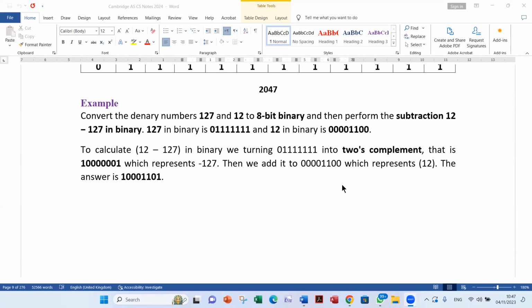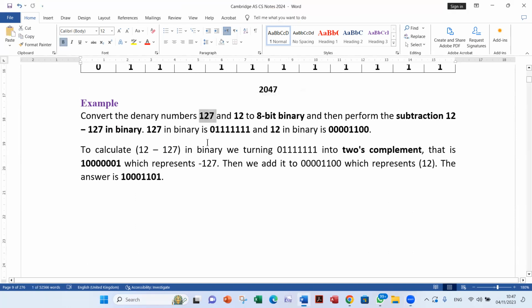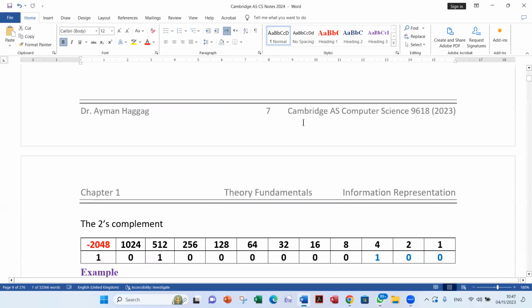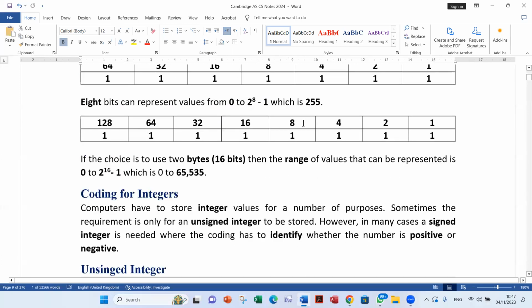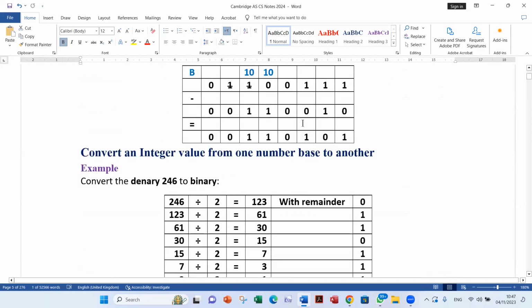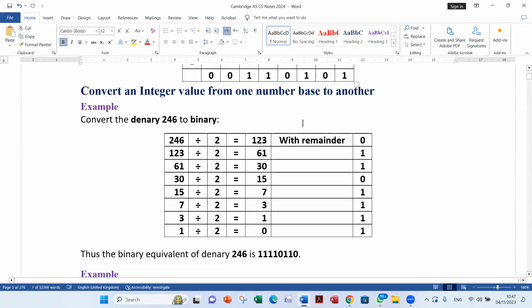The complexity of it is that you are subtracting 127 from 12, and the result will be negative. Let us keep that for later, because I would like to recall the 2's complement and the representation of negative numbers for you first, and then we do that additional subtraction question. So keep in mind that we will do binary subtraction again.